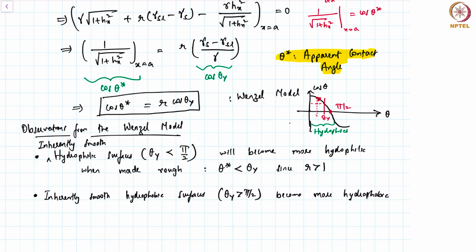The theta star is a roughness determined quantity, right? So we can also look at the Young's model from a very simple thermodynamic setting. Let's also look at that very quickly.